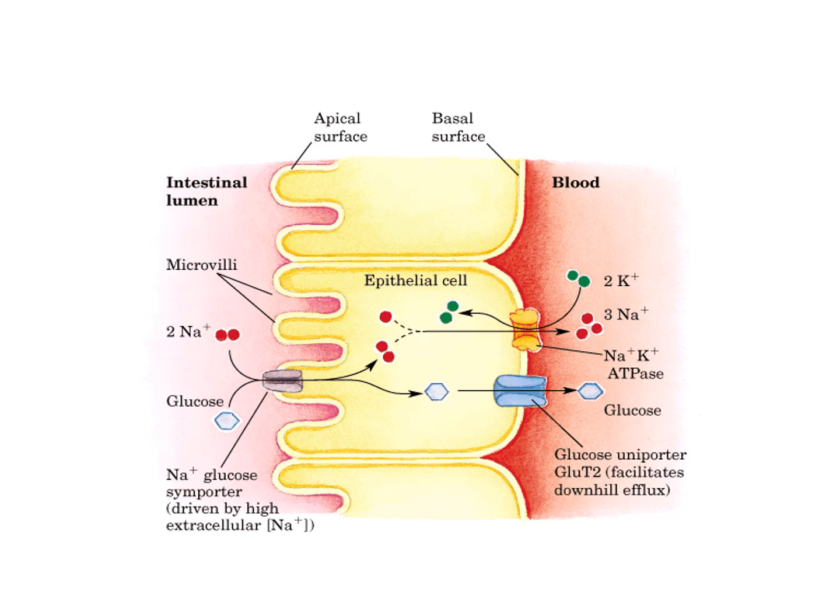One surface faces the lumen, that is the luminal surface. Another surface is opposite to the lumen, which faces the capillaries or blood. This is the basal surface. So all these luminal epithelial cells have two surfaces. One is the apical surface or the luminal surface. Another is the basolateral surface or the basal surface.